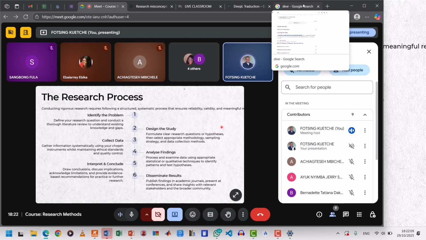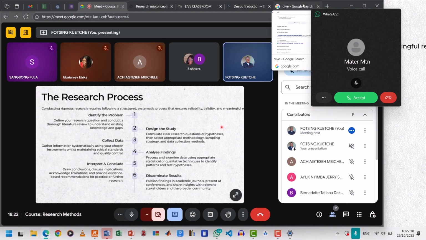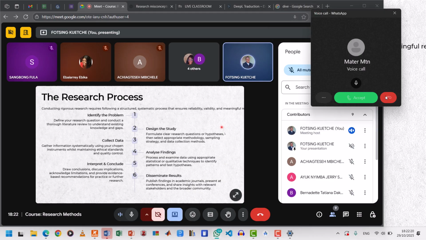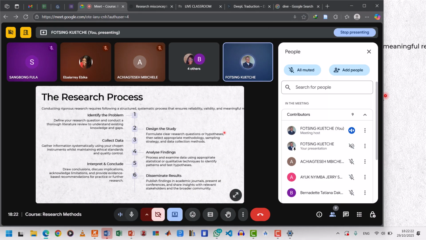Whenever we come out with a quantity, that is not a description. That's already experimental or quantitative types of research. So it depends on the goal of your research.